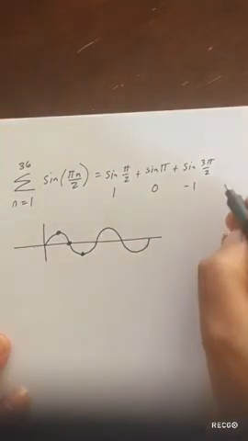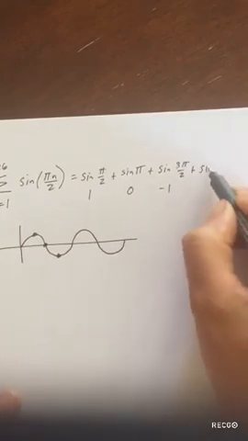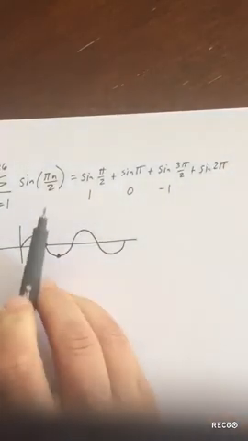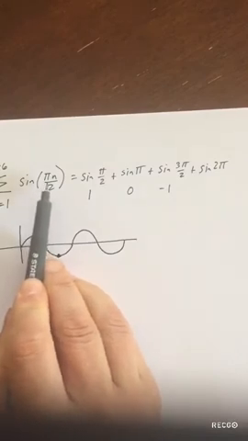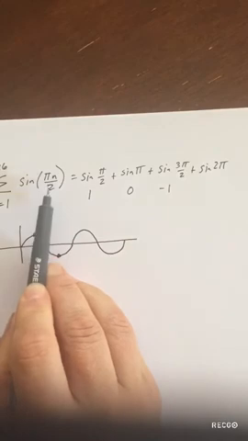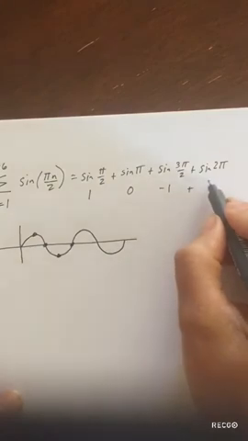Okay, and then the next one is going to run off the thing a little bit, sine of 2 pi, right? Because n is 4, right? So it's going to be 4 pi over 2, which reduces to 2 pi. Okay, so what happens is we get this pattern, right? Okay.